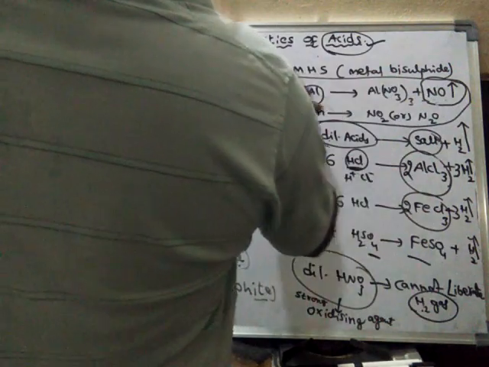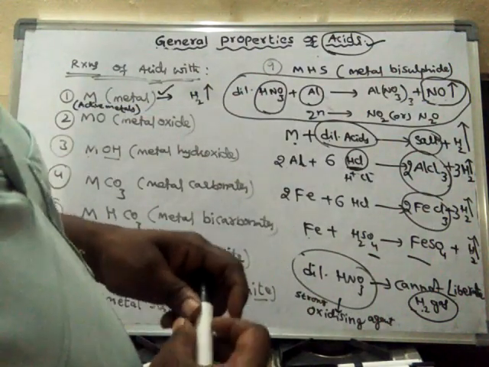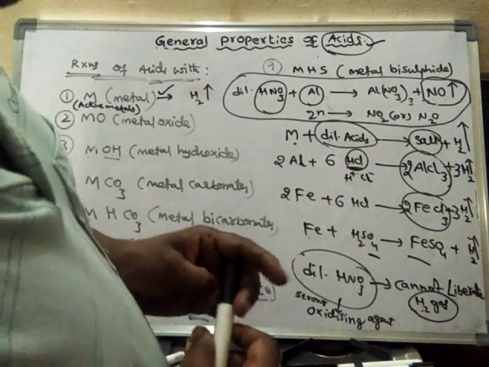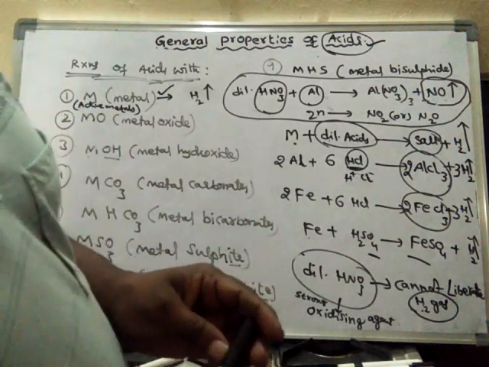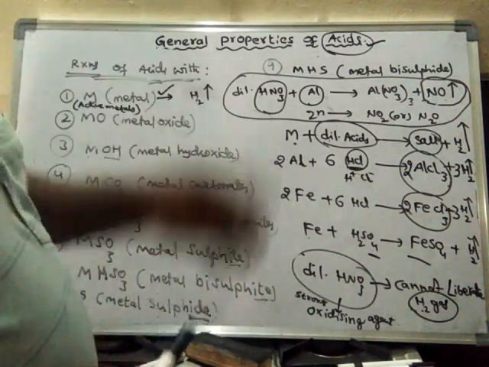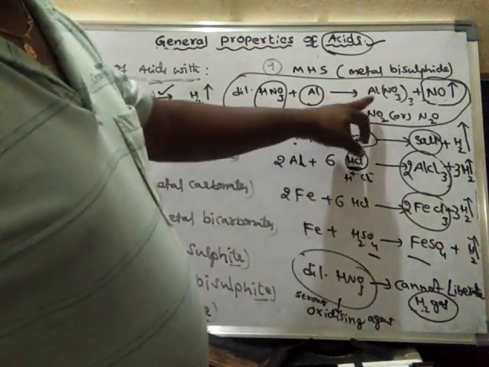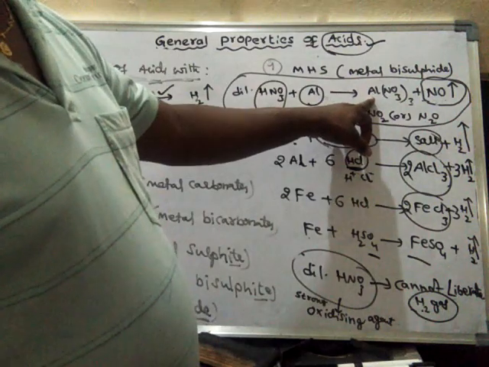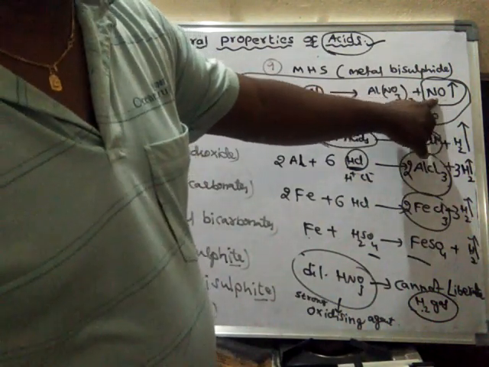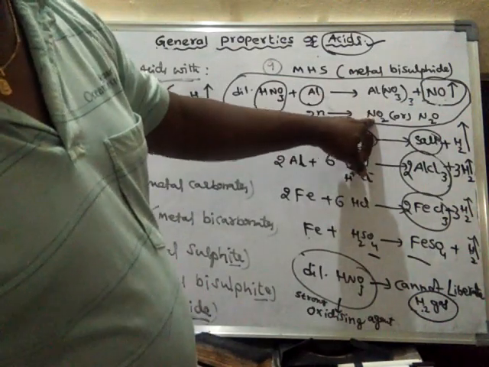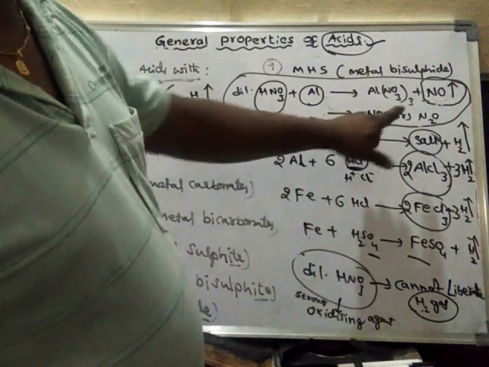Remember that dilute nitric acid cannot produce hydrogen gas when it reacts with metals, whereas all other dilute acids liberate hydrogen gas and form salt. Here also, salt is formed, but instead of hydrogen, gases like nitric oxide, nitrogen dioxide or nitrous oxide are produced.